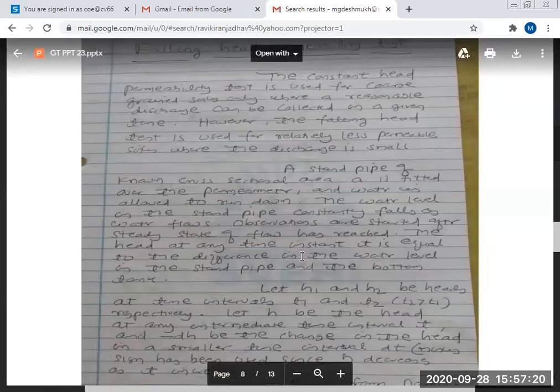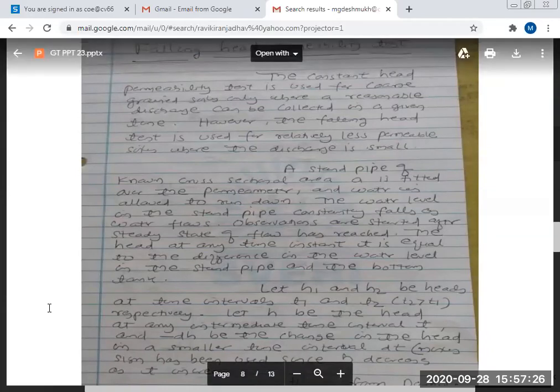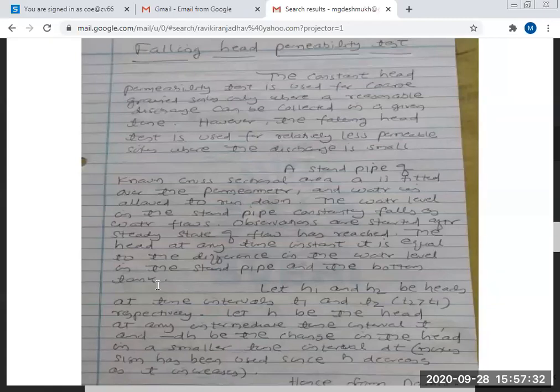The head at any time instant t is equal to the difference in the water levels in the standpipe and the bottom tank. A very easy thing is that there a constant head was seen, but it is not like that here. For the initial time, what is the height you have to take, and for the final time, what is the final height, that difference gives you the head h here.